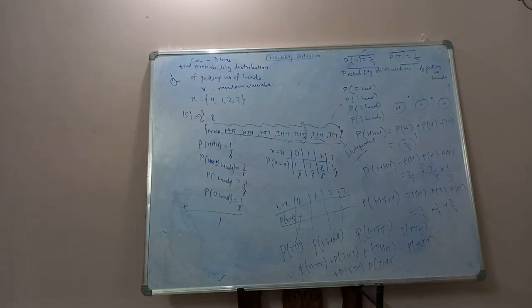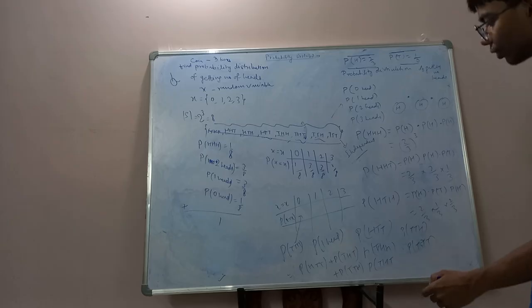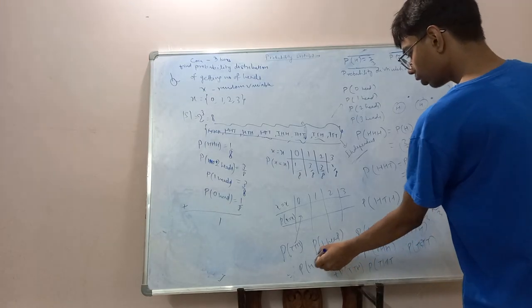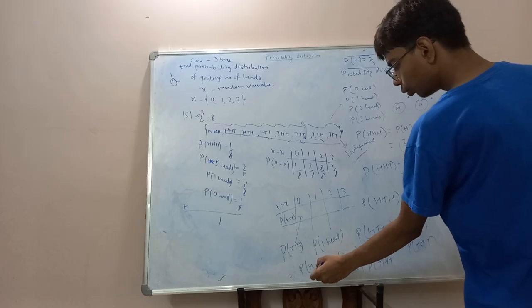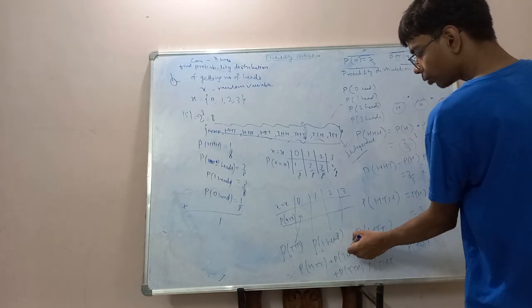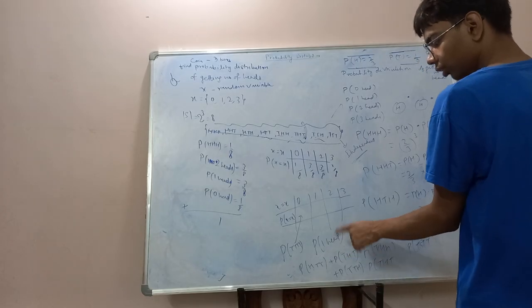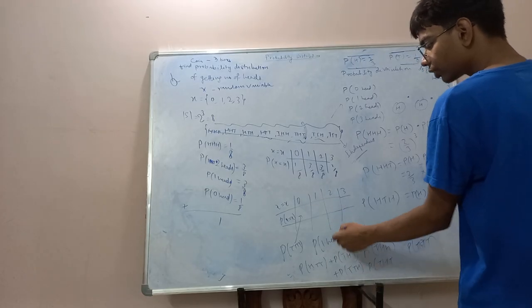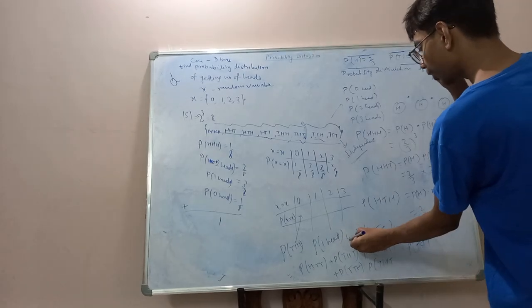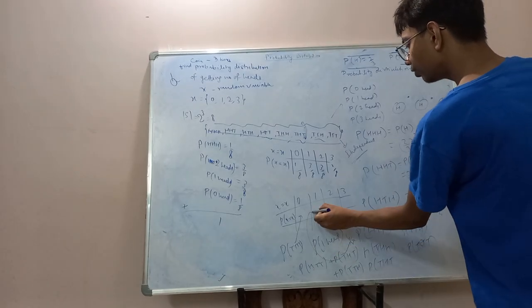Each is 2 by 3, 1 by 3, 1 by 3, which is 2 by 27. So it will be 2 by 27 plus 2 by 27 plus 2 by 27, which is 6 by 27. This I will fill here.